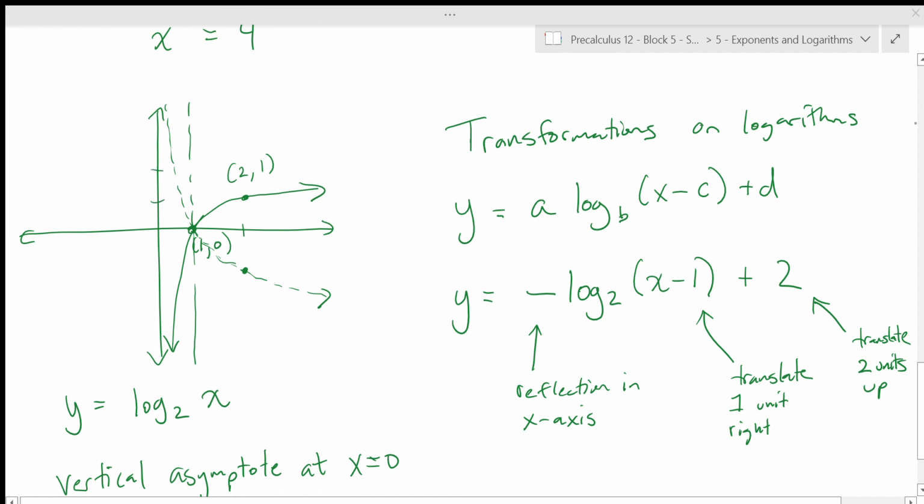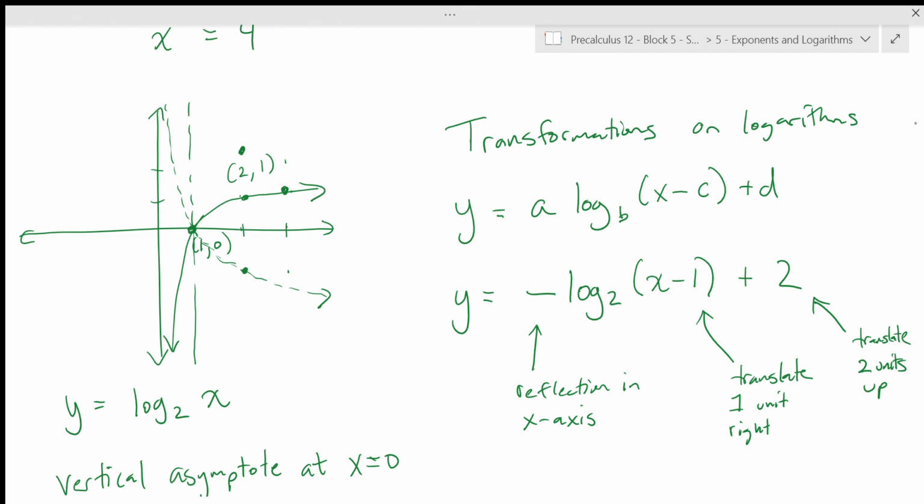So this point is going to go over 1 and up 2, so it's going to be here. Then this point is going to go over 1 again and up 2, so it's going to be up here.